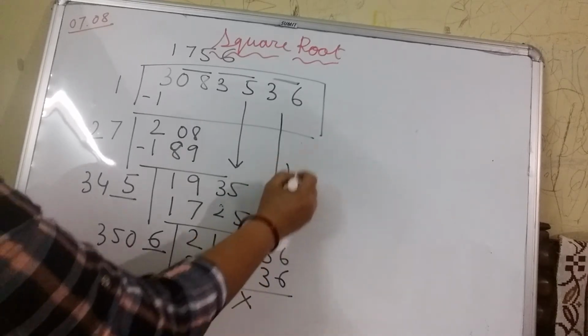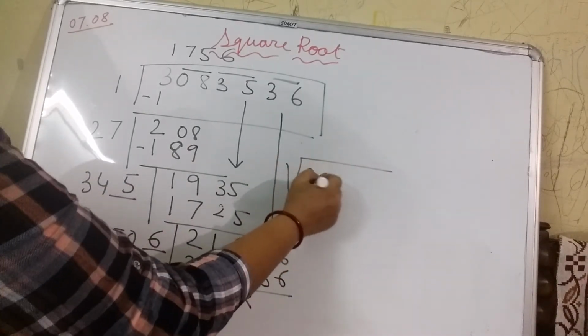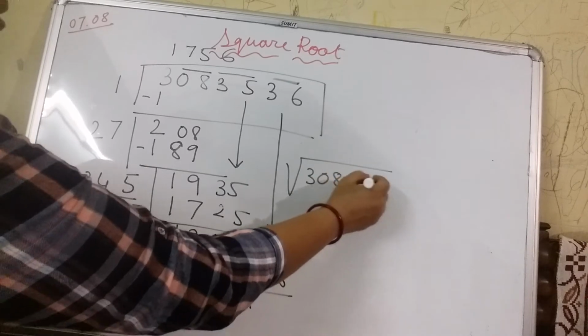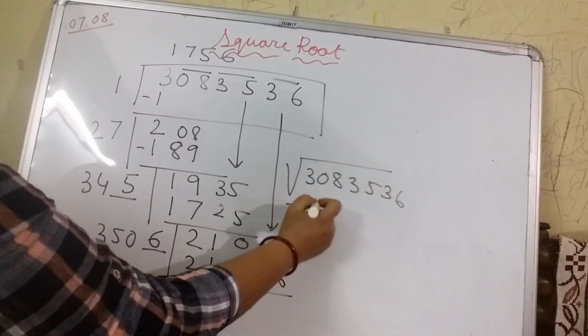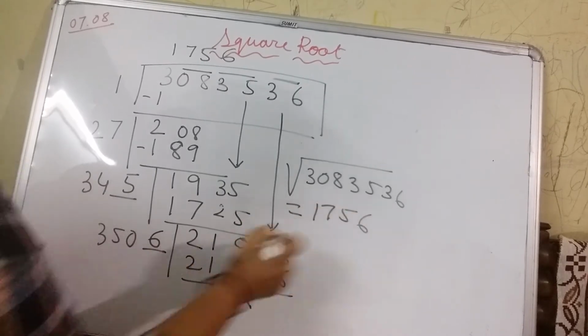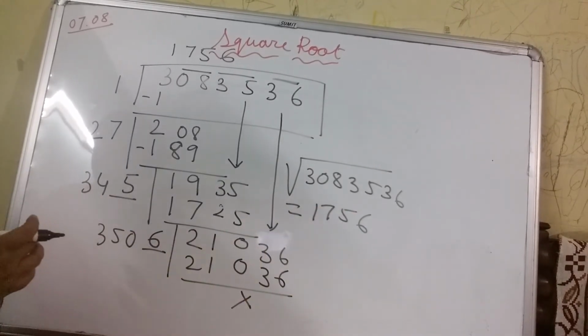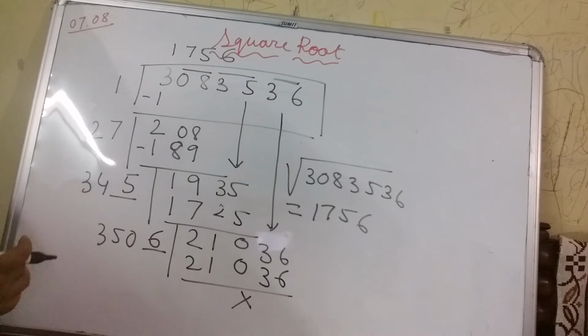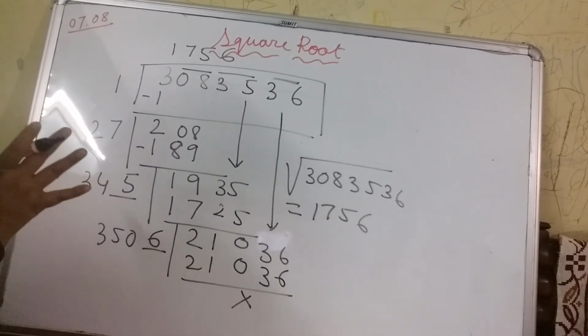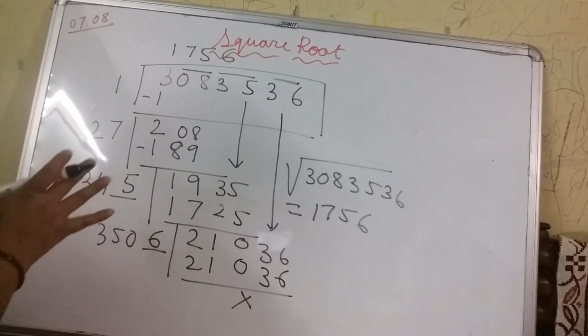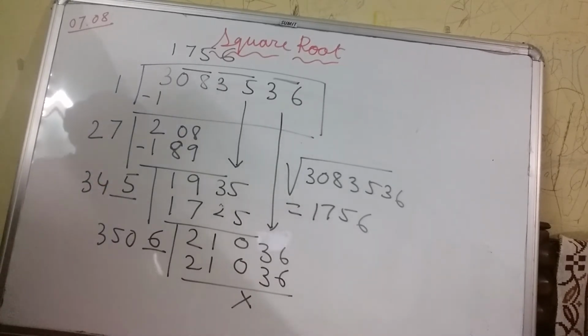Okay, so square root of 3083536 will be 1756. You don't get scared if it is a large number. Your procedure will remain the same. You just do step by step.